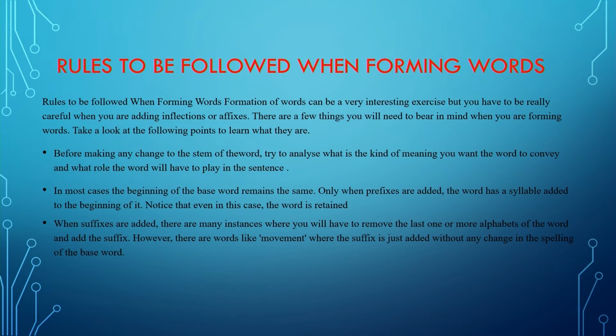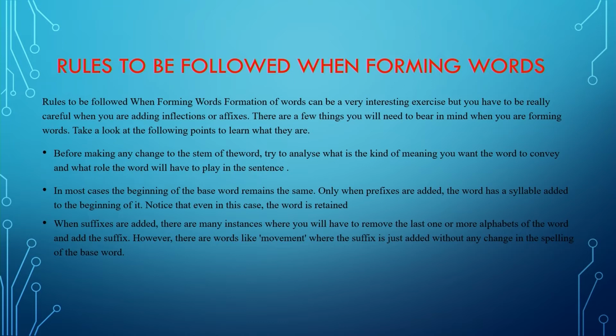There are a few things you will need to bear in mind when you are forming words. Take a book and look at the following points to learn what they are. Point number 1, before making any change to the stem of the word, try to analyze what kind of meaning you want the word to convey. So, you have to take the root, that is the stem of the word, and change it according to that, and according to what role the word will have to play in the sentence.